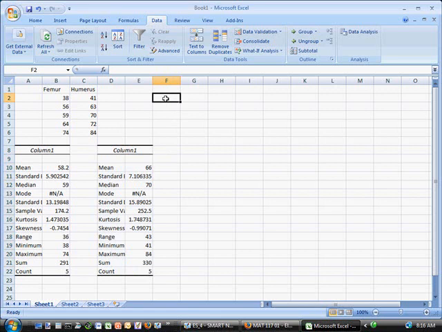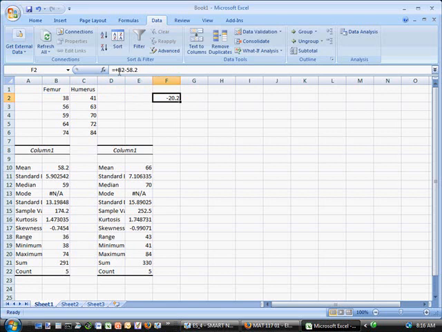Okay, so yeah, let's see. So here's going to be my x, which is in cell B2, and I'm going to subtract the mean, which is 58.2. I'm just copying that from the chart on the left. I should really have had parentheses around that.